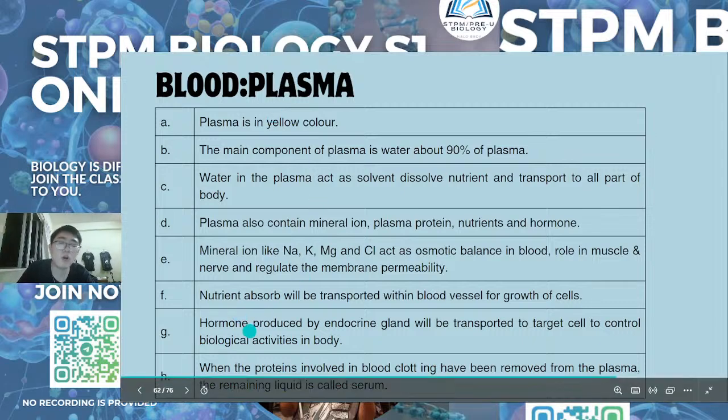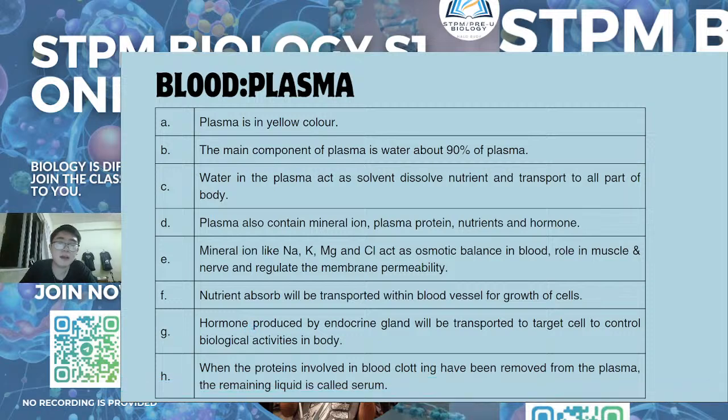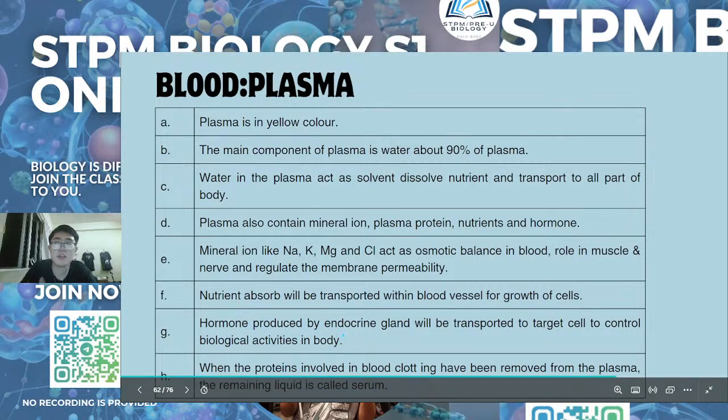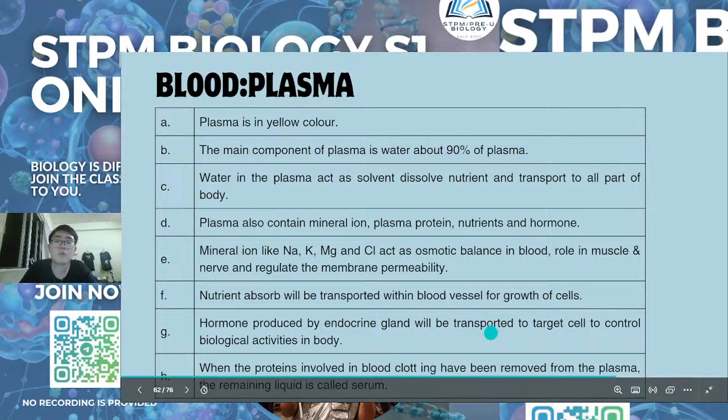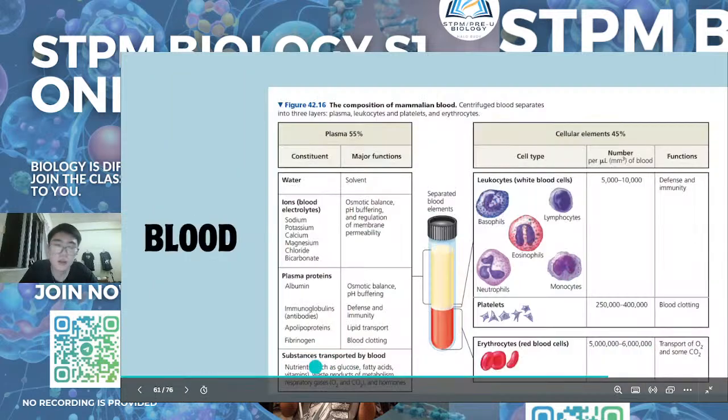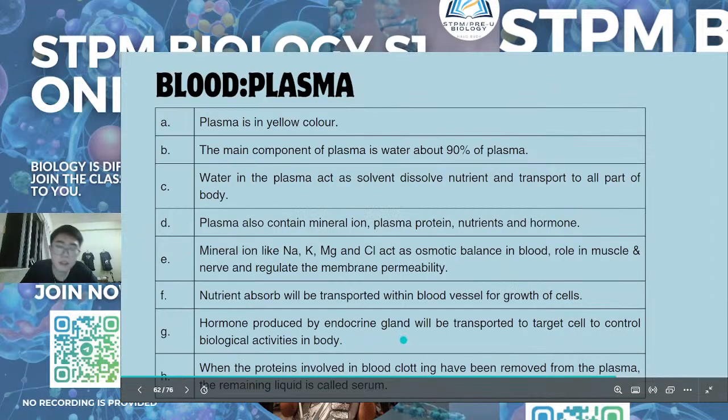And then our hormones, produced by the endocrine glands, like insulin, glucagon, ADH, progesterone, and testosterone, will be transported within our plasma also. And we also have a protein involved in blood clotting, the fibrinogen. This one plays a role in blood clotting, right?